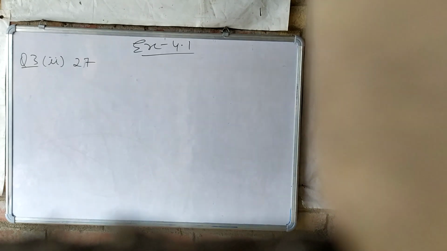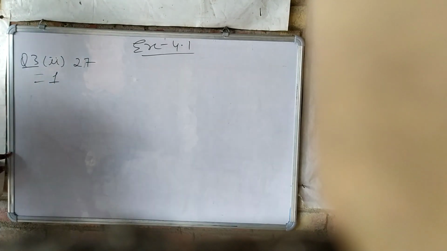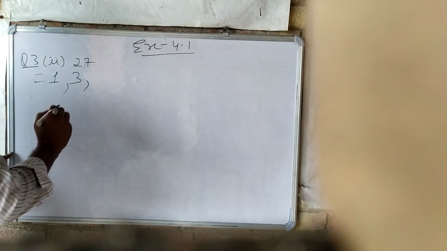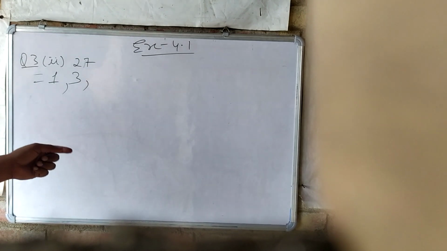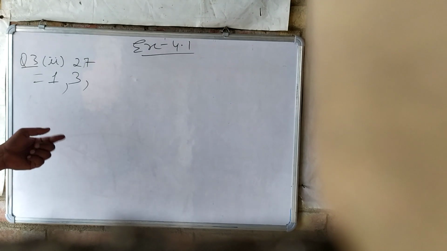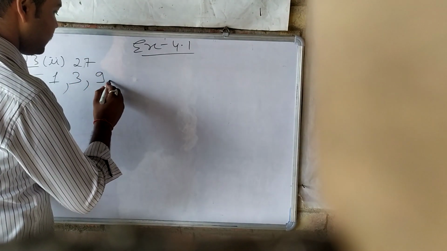Understand? For example, see, 27 will lie in 1, then 3. 3 9s are 27. Then it cannot lie in 4, nor in 5, nor in 6, 7, 8. 9 3s are 27.